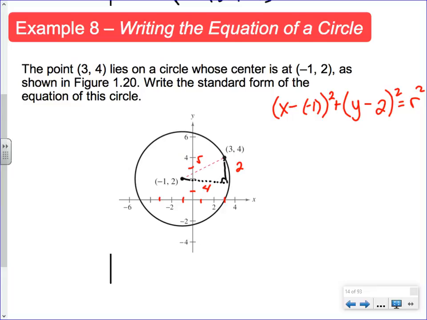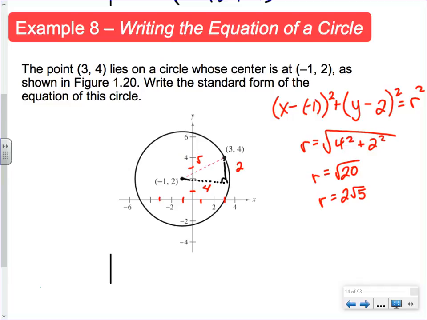How do I find the hypotenuse? Square root of 4 squared plus 2 squared. Oh. Now, is that what the distance formula would have gotten you also? Yeah. 16 plus 4. Is that ugly if I want r squared? Yes.